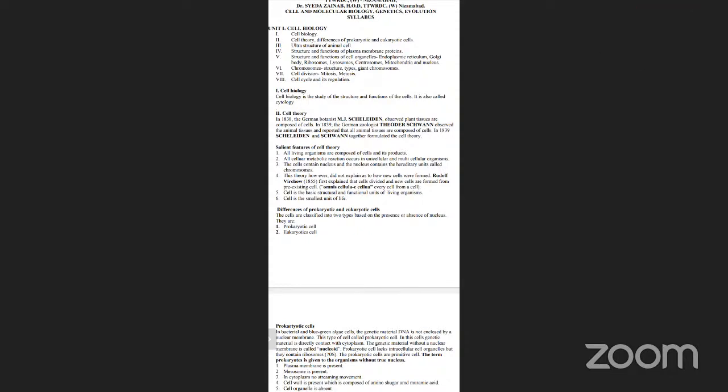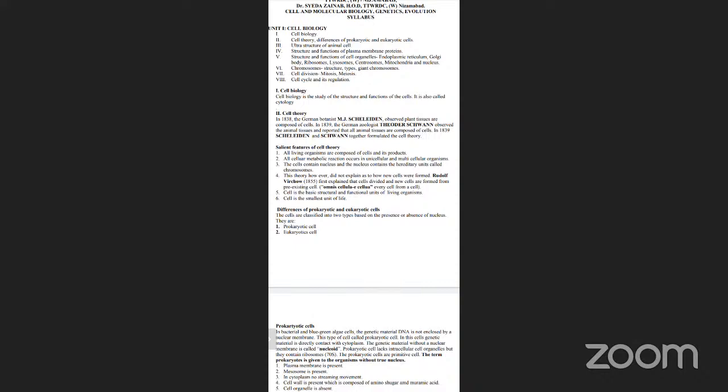Cell biology begins with the cell theory. The cell theory was proposed by Schleiden and Schwann. Schleiden observed cells in plant tissues, and Schwann observed cells in animal tissues.